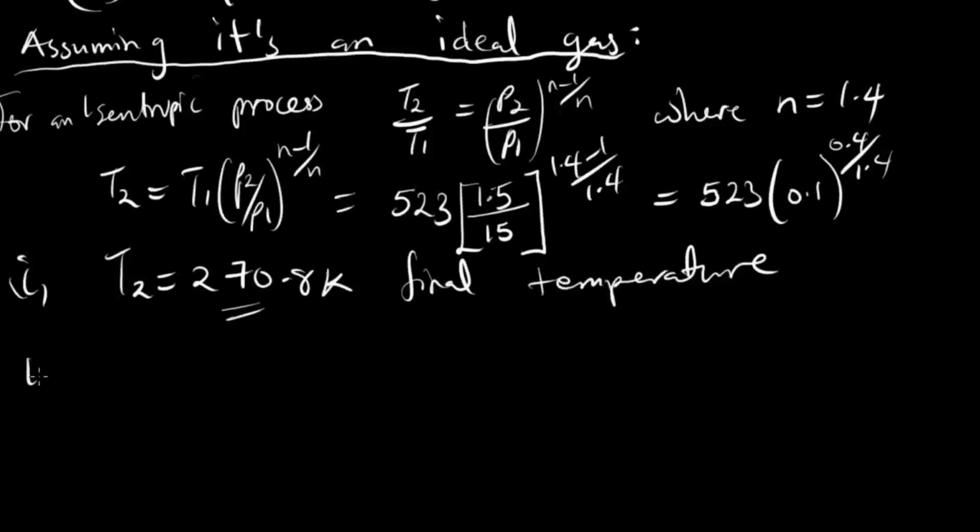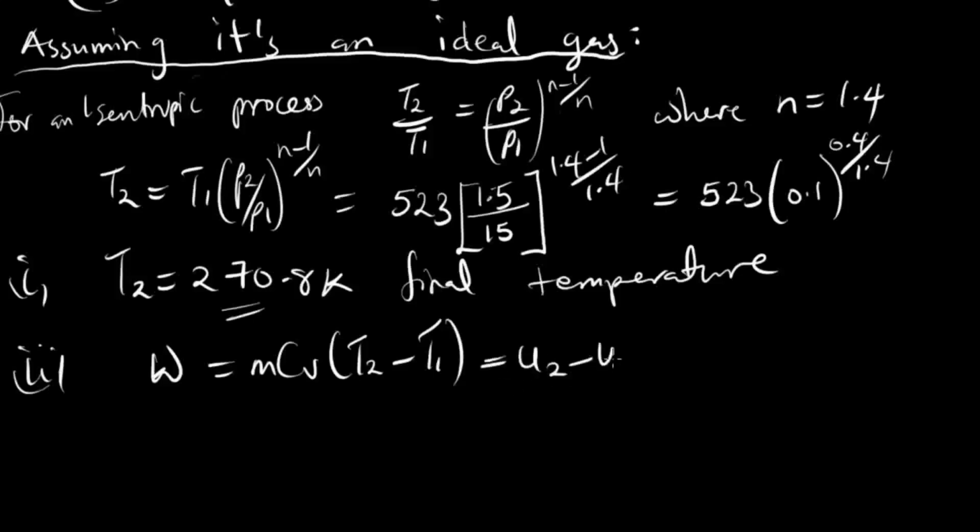Now the work done. Remember, work done is m Cv times T2 minus T1, which is equal to U2 minus U1.